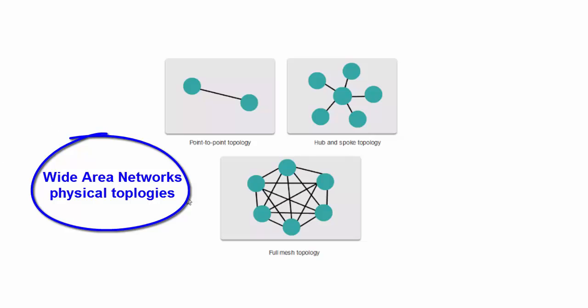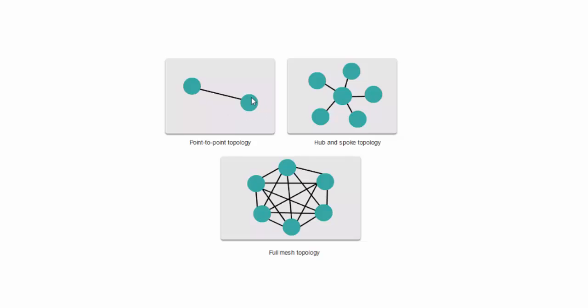So for the case of WAN topologies, very frequently we use point-to-point to facilitate the communication between two nodes, or two WAN devices. Typically, these devices are routers, and you have one wire that connects those two routers. We also use hub and spoke topology, which is represented using a star.